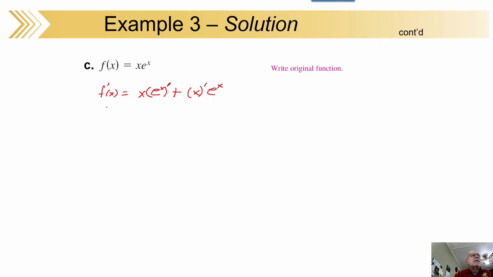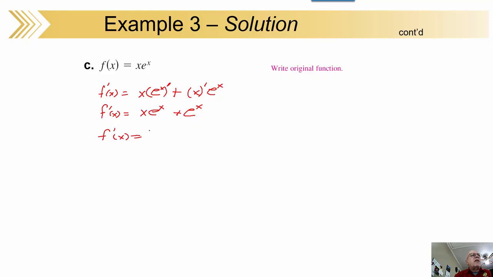And the rest should be mechanical by now. The derivative of e to the x is just e to the x. So this is x e to the x. Looks vaguely familiar, right? And the derivative of x is 1. So it's just e to the x. There's your answer.